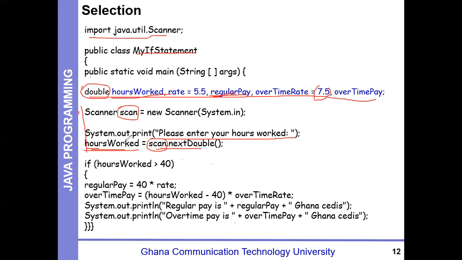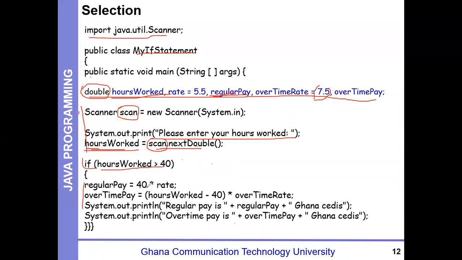If we type 50, hours worked is going to be 50. Now we use our if statement. We're saying that if your hours worked is greater than 40, and you've seen one of the comparison operators, this is going to evaluate to true or false.